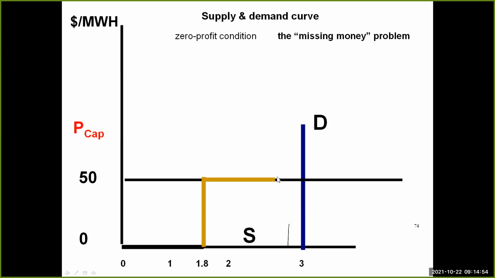The supply coming here, we have demand here. We have supply and then we have demand here. Yeah, they do not intersect.